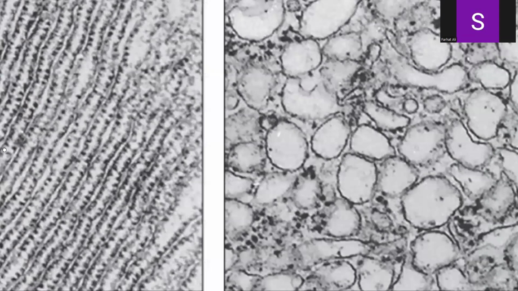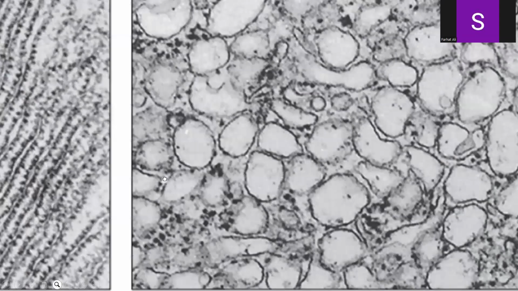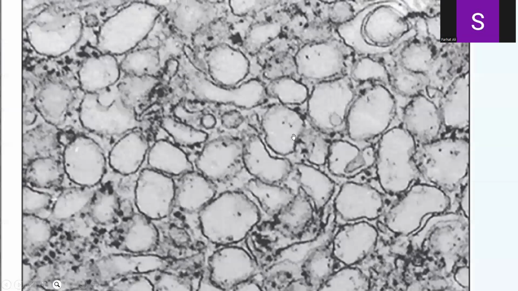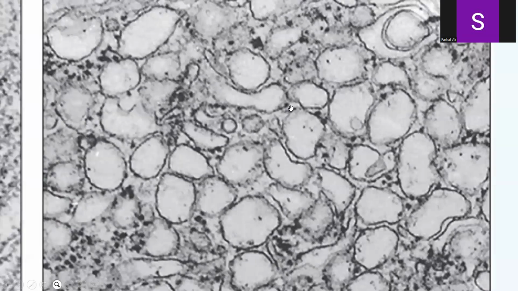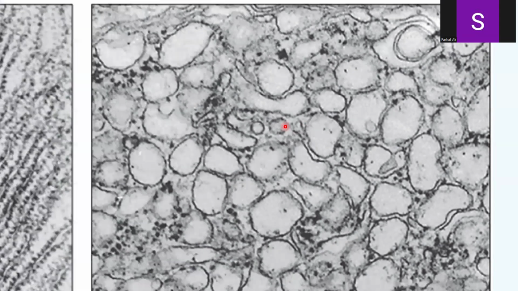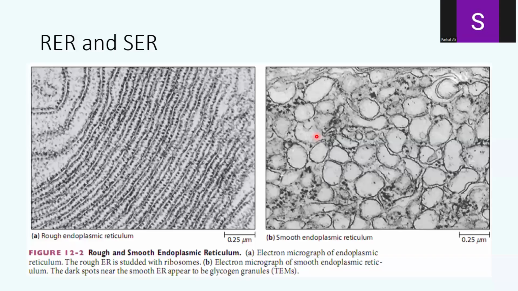These are the ribosomes attached to the surface of the endoplasmic reticulum, thereby producing the rough ER. As compared to the rough ER, in the right panel these are the smooth ER. You can see that these sac-like structures of the ER do not have any ribosomes attached to their surface, so their surface appears smooth under the microscope.